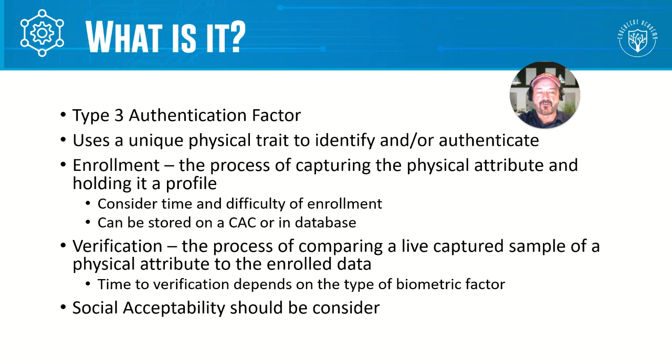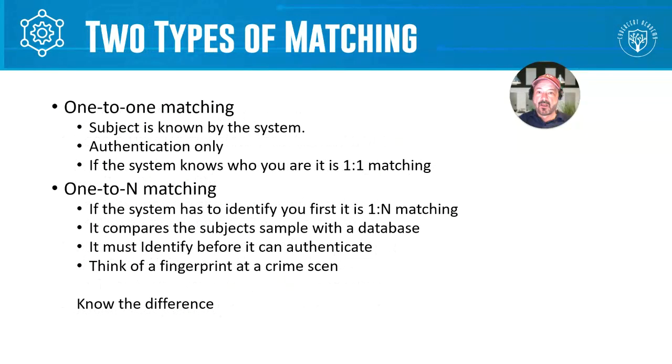I find it fascinating that the fastest growing type of biometric out there is Face ID, which is also probably the most socially problematic in some ways. Fear of Big Brother, those fears are not unwarranted. But here we are. It is the fastest growing area, and we'll talk about that more in just a bit. So you need to consider that as well.